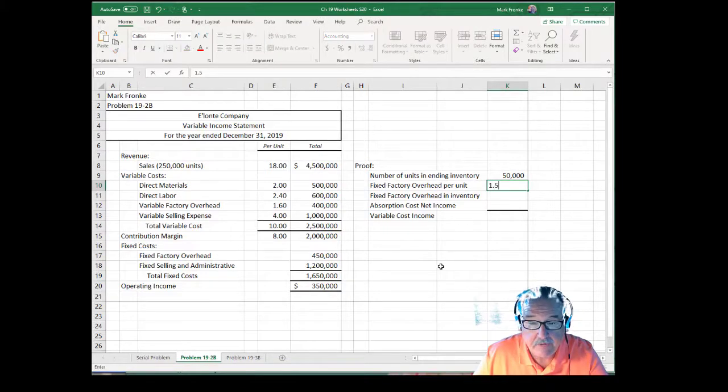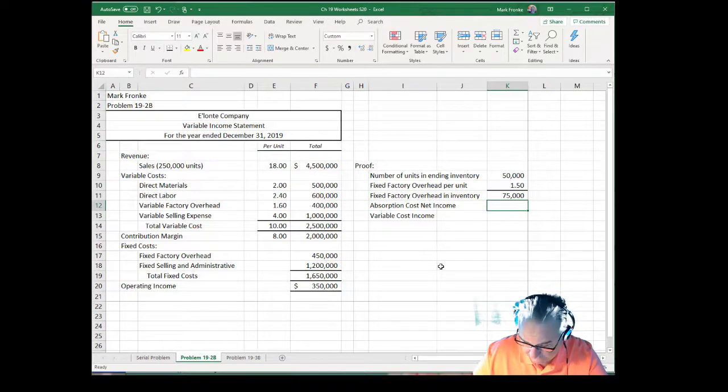Our fixed factory overhead per unit based on production of 300,000 is $1.50. So if we multiply 50,000 units in ending inventory times $1.50 of fixed factory overhead per unit, that gives us $75,000.